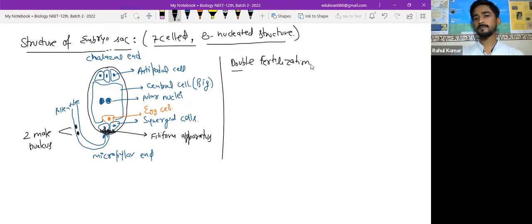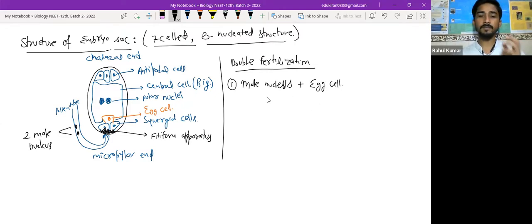So I'm writing here the double fertilization event. The first thing is, in first fertilization, 1 male nucleus fuses with the egg cell, or you can say the female gamete or the female nucleus, right? This fusion will give rise to a zygote.